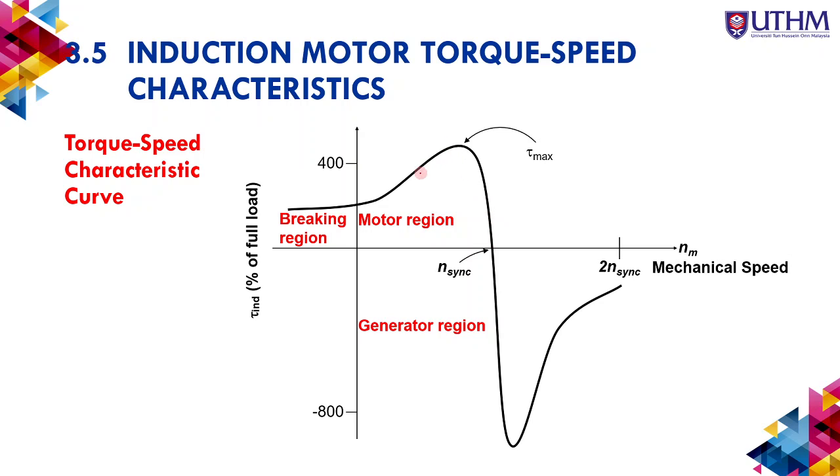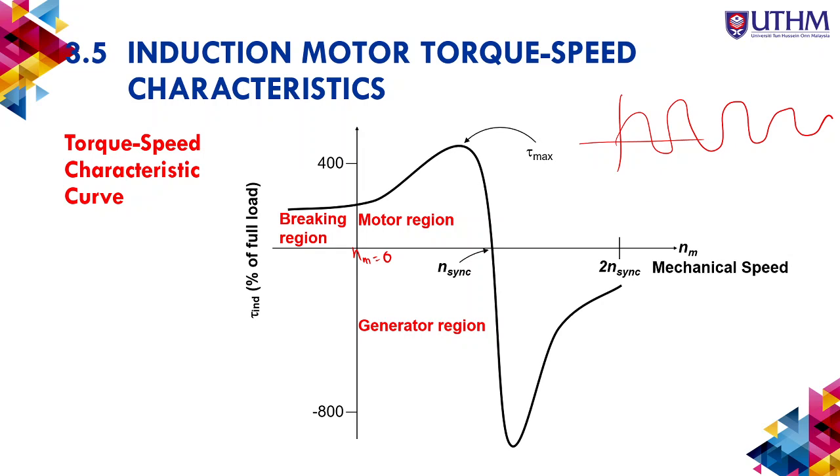When the rotor rotates in the opposite direction, it becomes a braking region. So this is not a continuous graph.